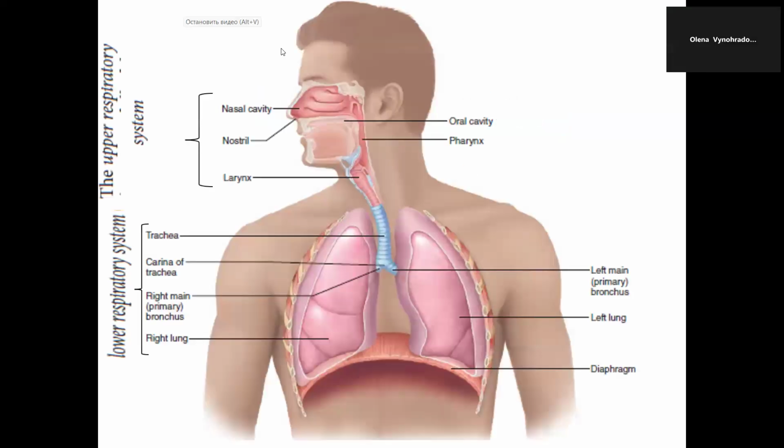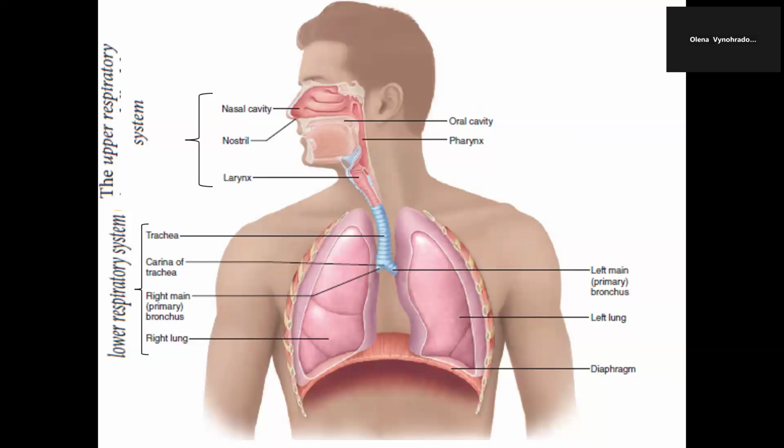The respiratory system. When we are talking about the respiratory system, let me remind you a little bit of anatomy. We have the upper respiratory system and lower respiratory system. The upper respiratory system consists of the nasal cavity, nostril, oral cavity, pharynx, and larynx.